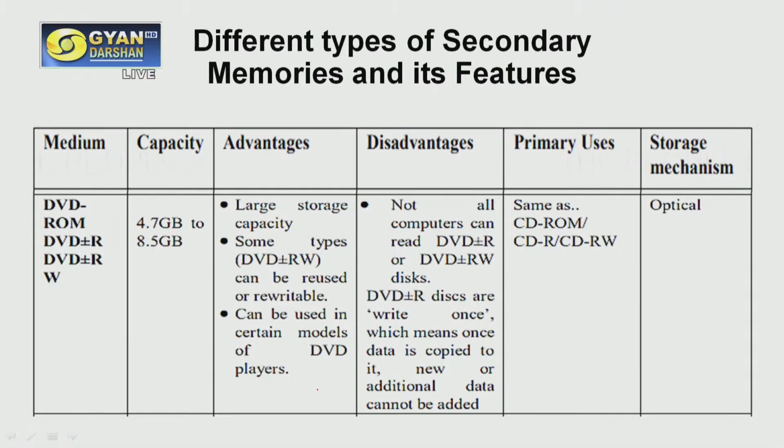Apart from this, we use DVDs. DVDs are similar to CD-ROMs, but their storage capacity is higher, from 4.7 GB to 8.5 GB, and DVDs with even more storage capacity are now available. We see them used day in and day out to store operating systems.